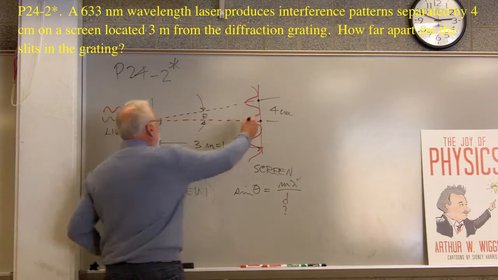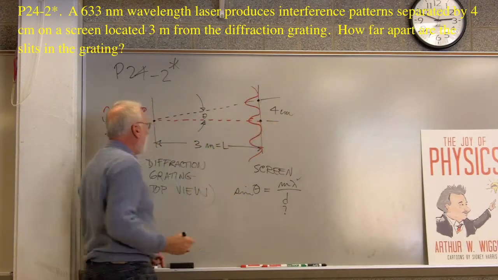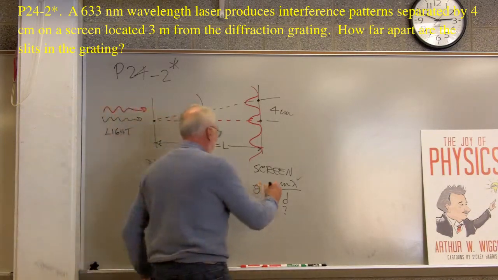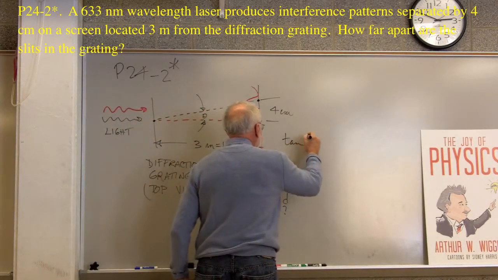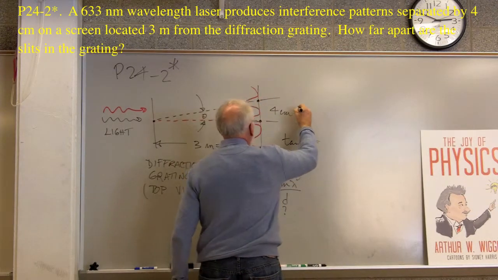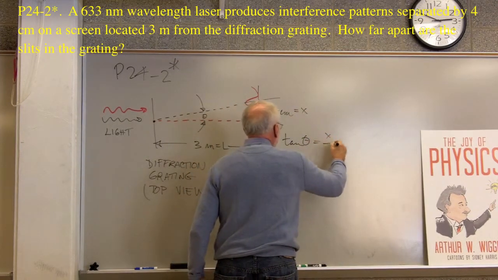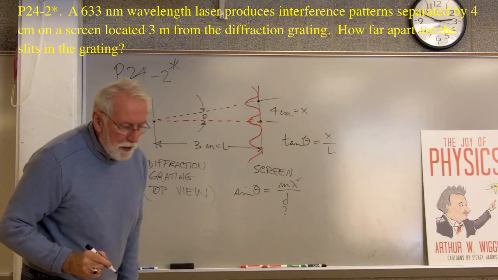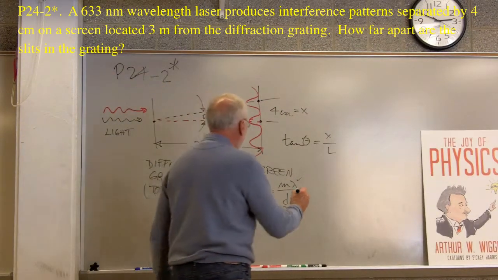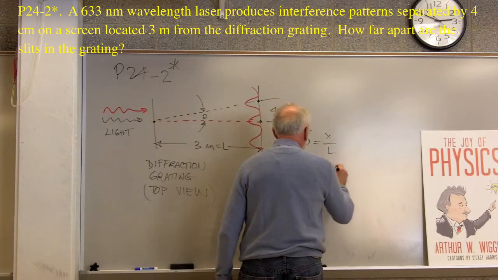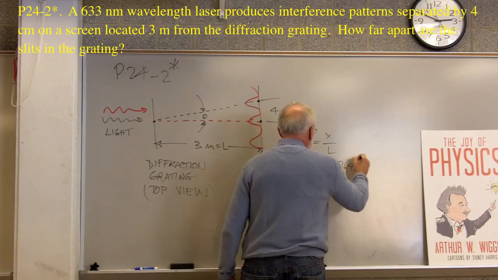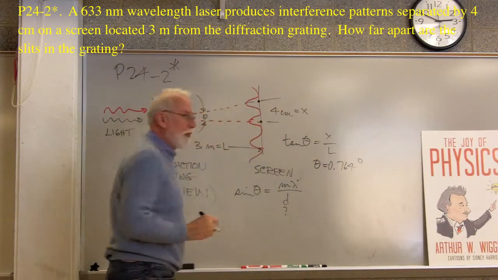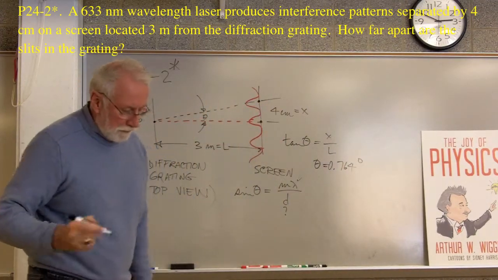Well, we have side opposite theta, then we have this length, which is the side adjacent, so we can say tan theta is equal to x, the 4 centimeters, divided by L, so we can find theta from that. Theta turns out to be 0.764 degrees. So, small angle, you bet.